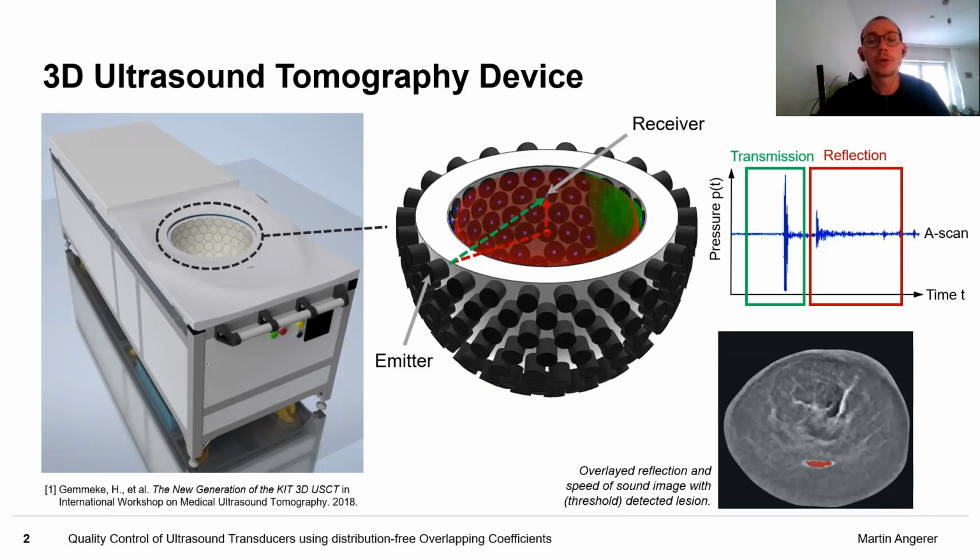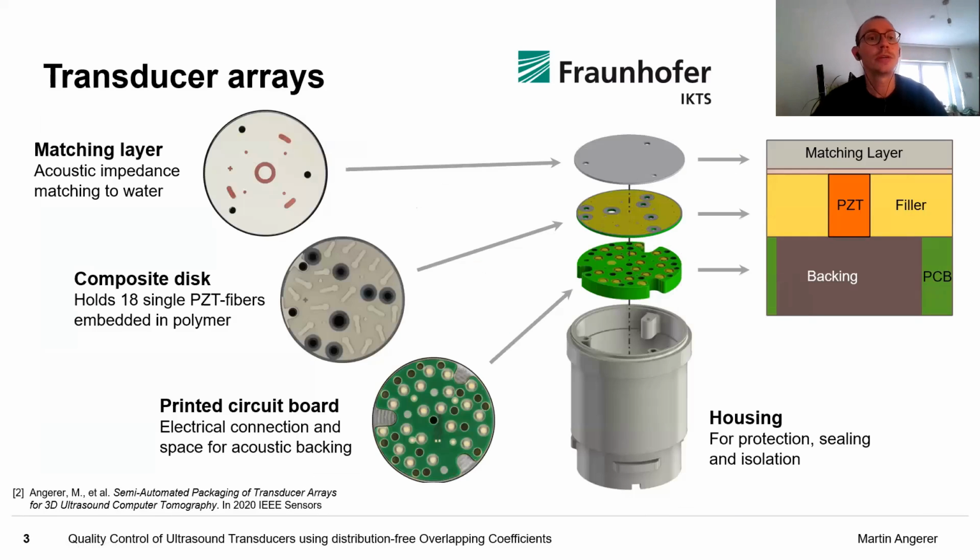This imaging approach results in a certain set of requirements, and a special transducer array design resulted. You can see here the centerpiece of this transducer array design is a composite disc which holds 18 single PZT fibers embedded in polymer.